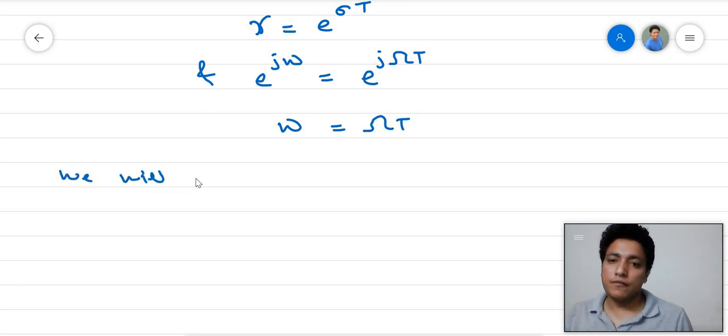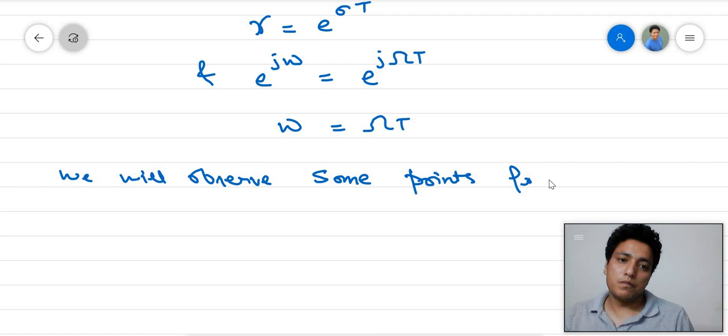Now observations. We will observe some points from this relation.